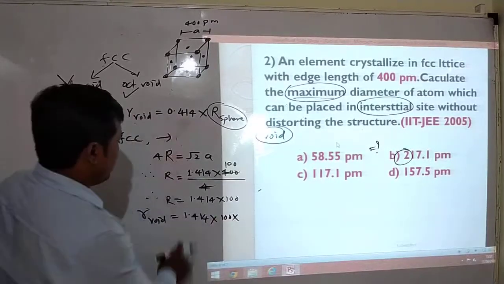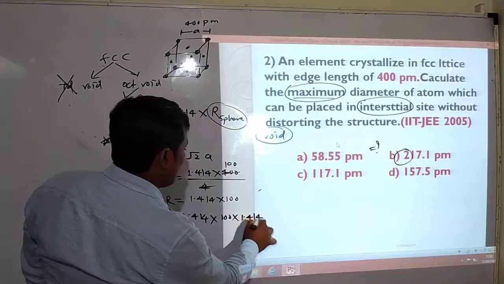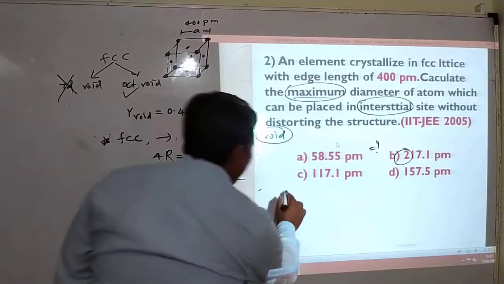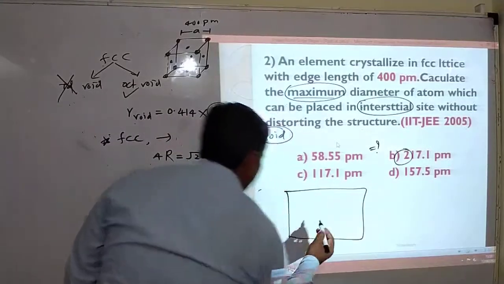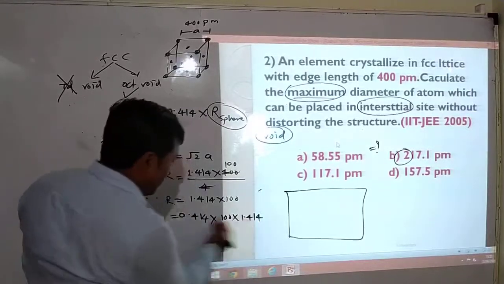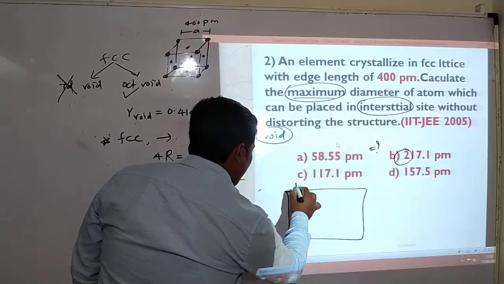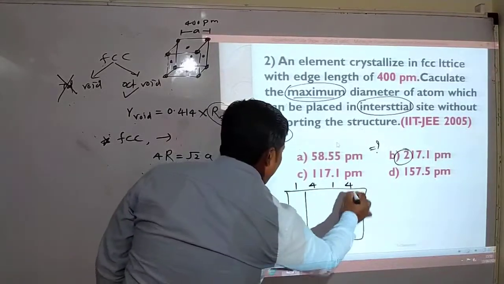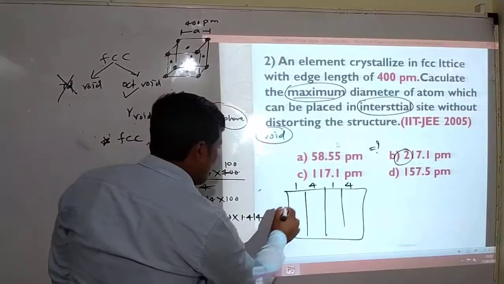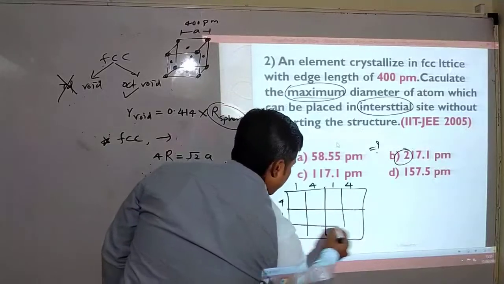Now it is very simple to calculate, our last trick to calculate the multiplication: neglect the decimal point. So you can write here 1414, multiplied by 414. Very simple.